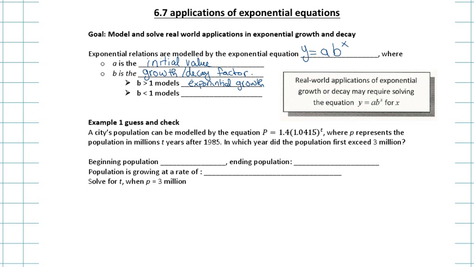And if B is less than 1, so technically it's going to be between 0 and 1, so it's 0.5, 0.25, 2/3, you know, all these numbers. It's going to model an exponential decay. Okay? So it's going to be decreasing.